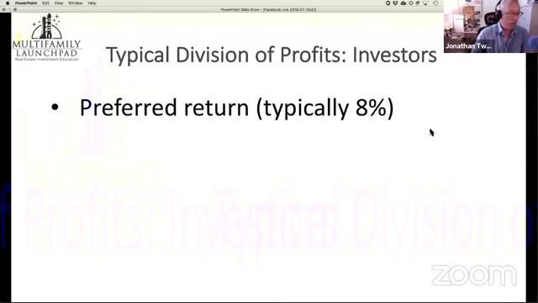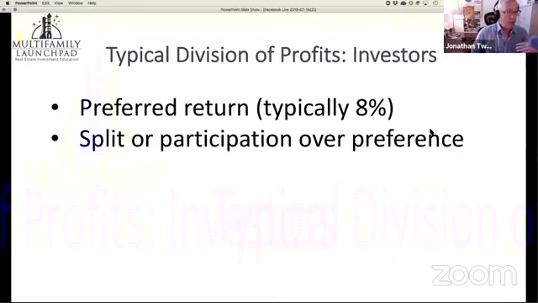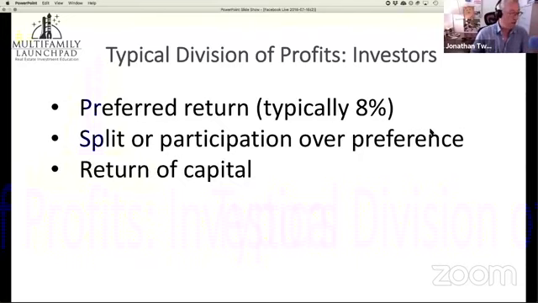That's been pretty standard. The next thing that investors get is they get a split or participation over the preference. So once the preference is paid, then there's some determination of who gets what above that. And I'll kind of go through a couple of examples of how that works. Then they're going to get the return of capital, and that can be a number of different ways. You could either pay the capital back going, from cash flow, or you can do it at the end. It depends on how you structure your deal documents, but it can be done either way.